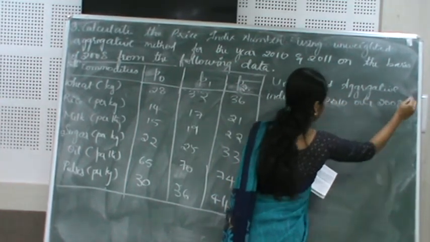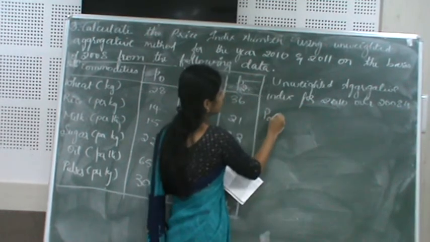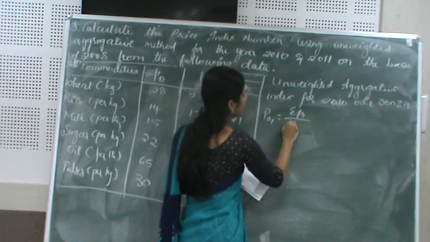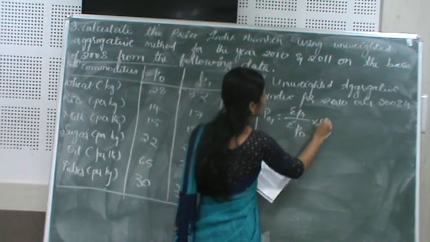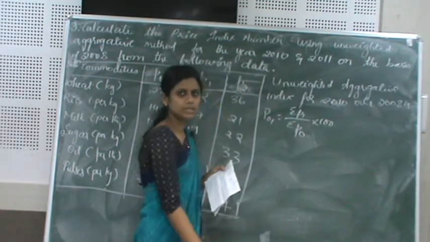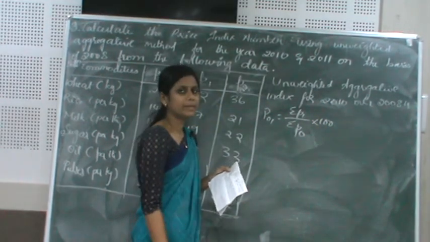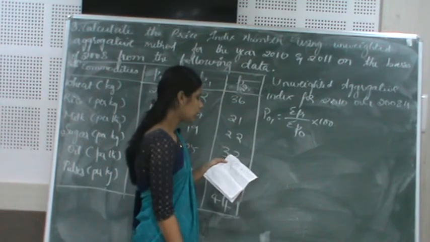The formula is P01 is equal to summation of P1 divided by summation of P0 into 100.